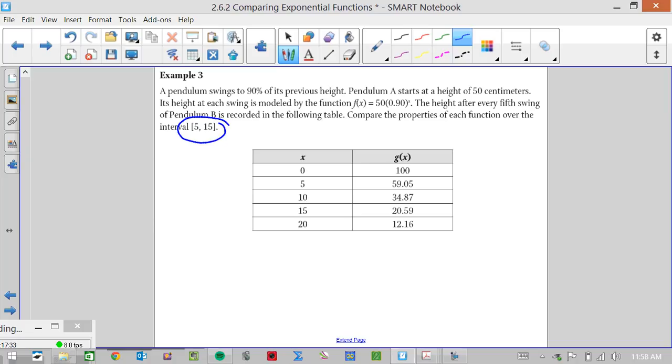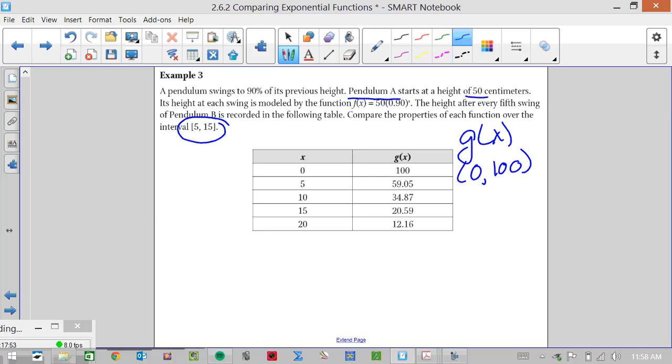So right away, I see my y-intercept for g of x is 0, 100. And in the context of the problem for pendulum A, it starts at a height of 50.